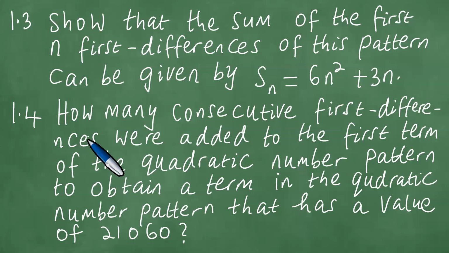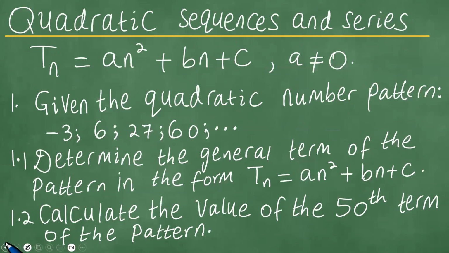Okay, this is straightforward because what you're supposed to do is to say, okay, they're asking us how many consecutive first differences were added to the first term of the quadratic number pattern. What is the first term? The quadratic number pattern has the terms -3, 6, 27, and 60. So -3 is the first term.